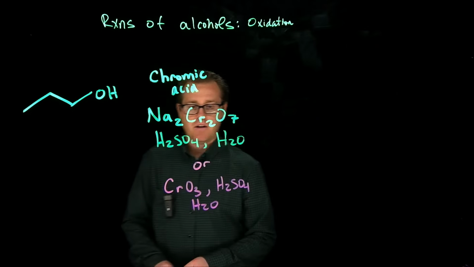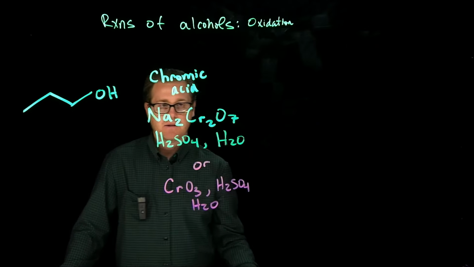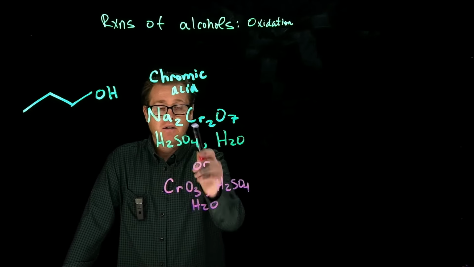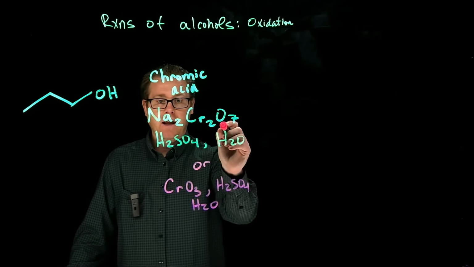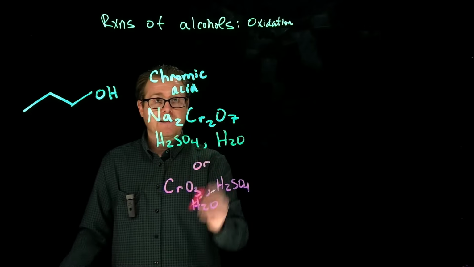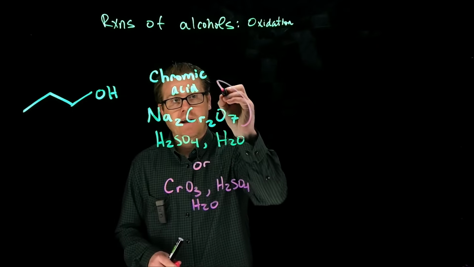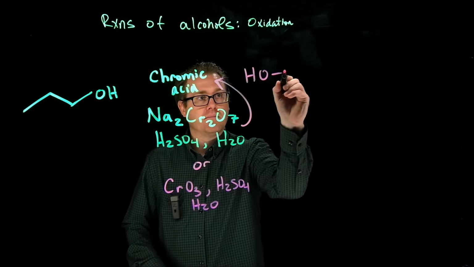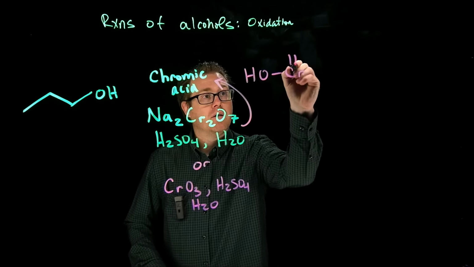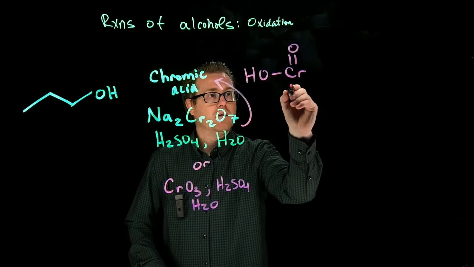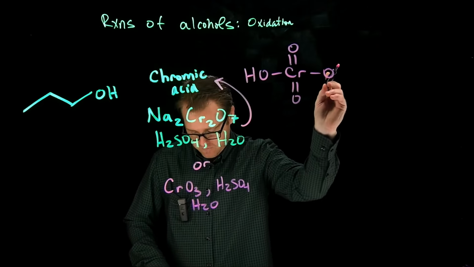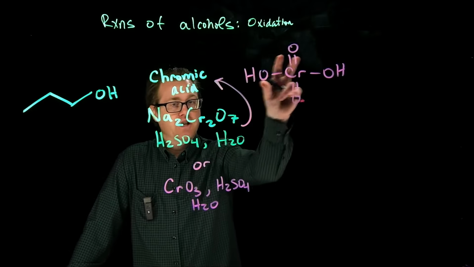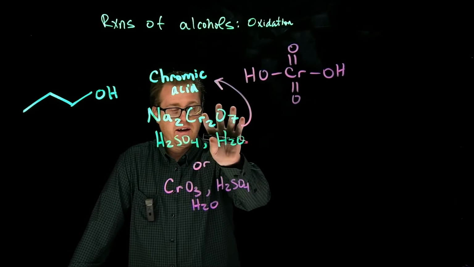So what we have here are two sets of reagents. We have our sodium dichromate right here. And when you take sodium dichromate and treat it with sulfuric acid and water, you generate chromic acid. And chromic acid looks like this. Okay, so that's chromic acid, and that is generated from these conditions right here.